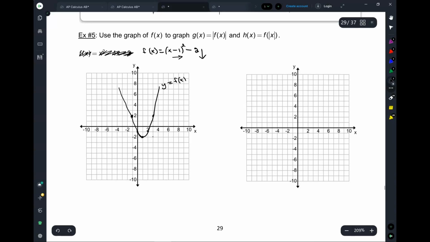All right? Now, if I want to graph g, which is absolute value of f of x, what's going to change? Right. Anything that has a negative y coordinate has to flip upwards, right? So we're good until here and here, and then everything here has to flip up. So for example, the vertex was at negative 2, right? Y equals negative 2, and now it has to switch to y equals positive 2.